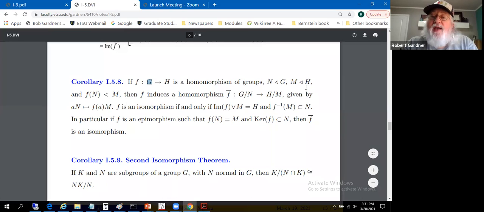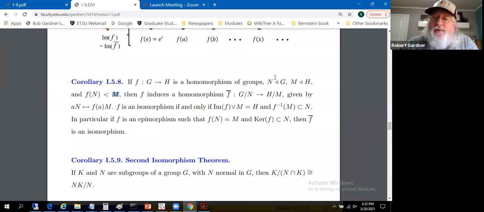M is a subgroup of H. Yeah, well, we took the trivial subgroup. That's a normal subgroup. And the hypothesis needed here is f of N is a subgroup of M. F of this normal subgroup is a subgroup of that normal subgroup M. And we had that as well. We had f of N was a subgroup of the trivial subgroup. So I wrote it the way I did in the notes.